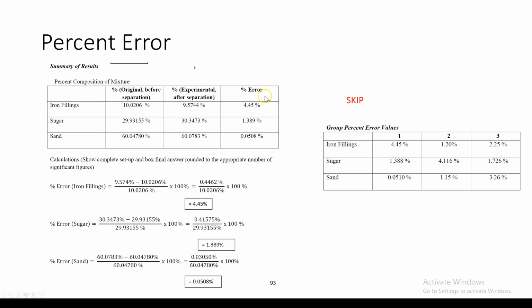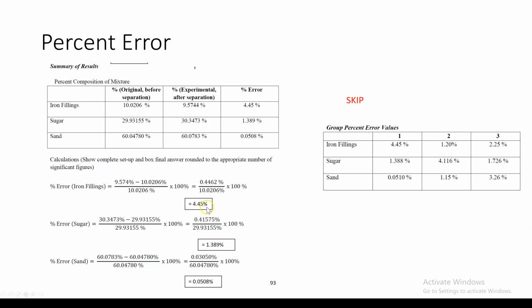To calculate the percent error, you would take the experimental percent of the iron minus the original percent of the iron that we started out with, divided by the actual value and multiplied by 100. That's how we can calculate the percent error, which is 4.45.